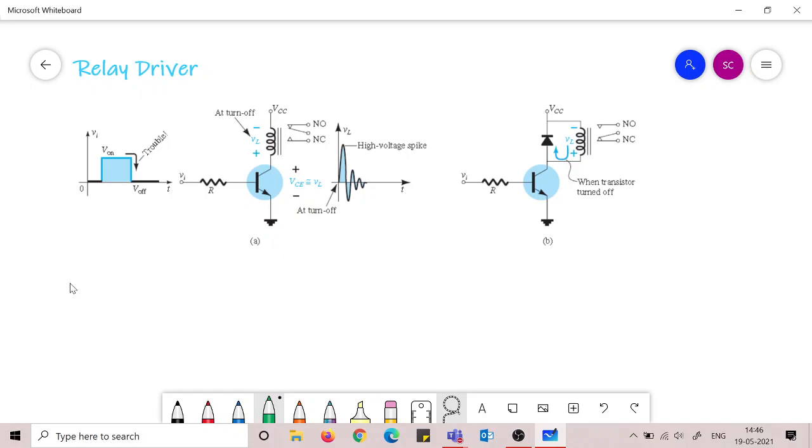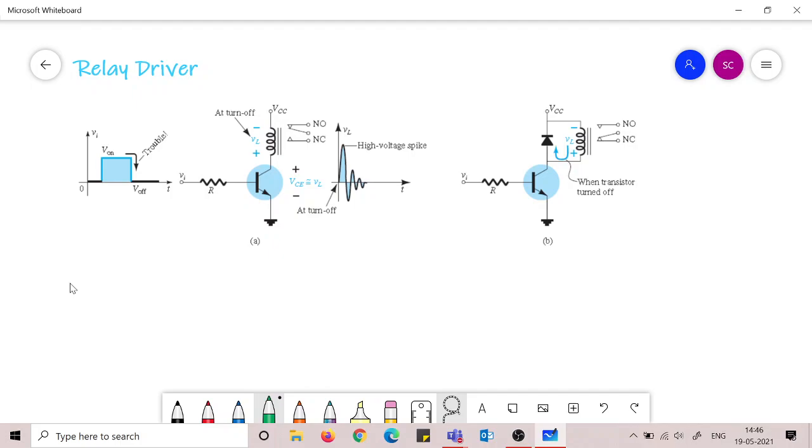The relay operates, and the circuit which the relay is connected with is taken out of the entire network. So that part is cut off. Now when this trigger signal becomes 0, then what would happen? This current will become 0, and again the circuit will be closed.